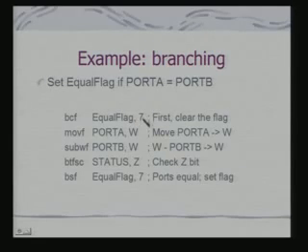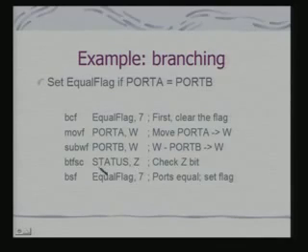Then we are moving the data content of port A to W, the content of port B is now subtracted from W, and the result is stored in W itself.